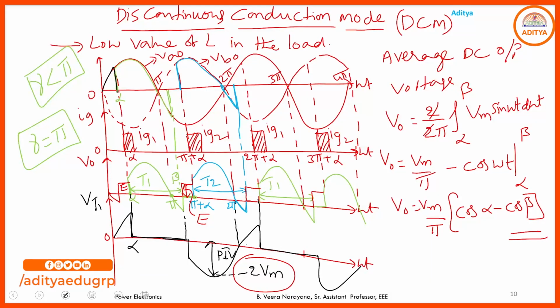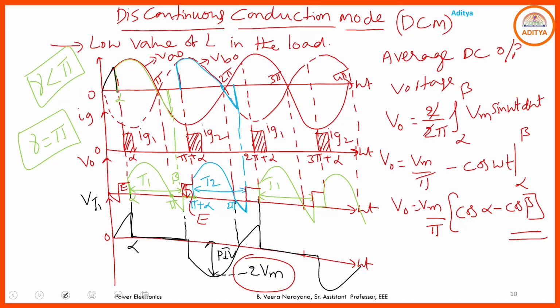Next, before going to the single phase bridge type full wave control converter, what are the drawbacks of this midpoint type converter? The major drawback is that the peak inverse voltage is 2 Vm. The selection of the SCR depends upon the peak inverse voltage.